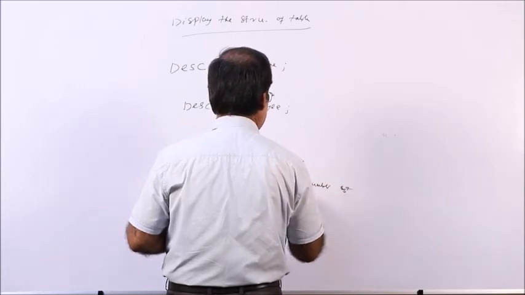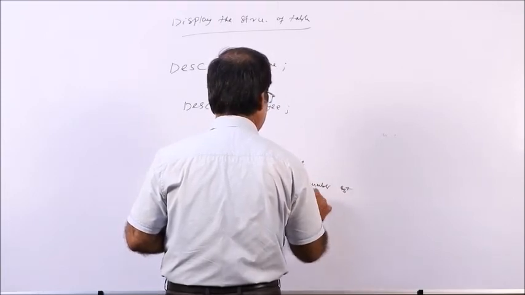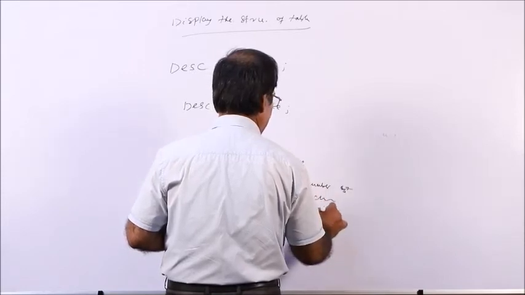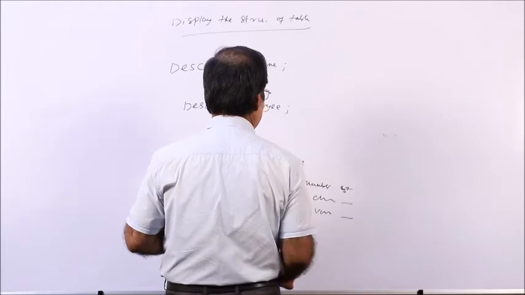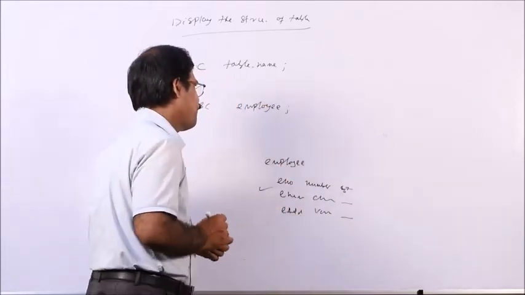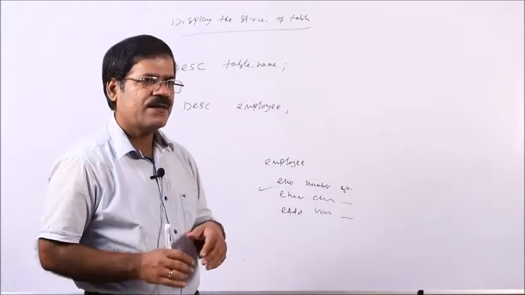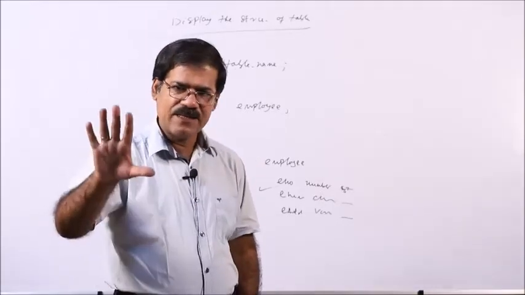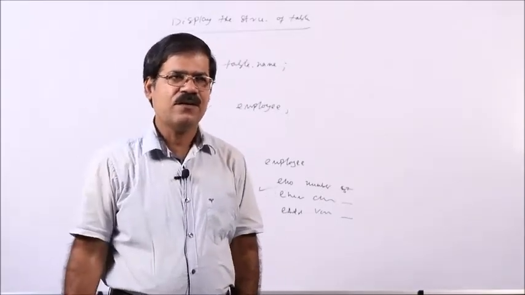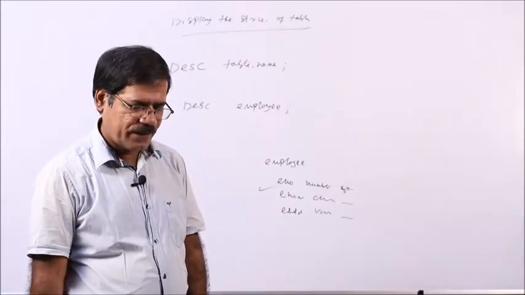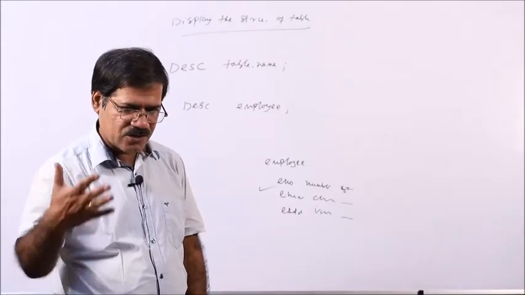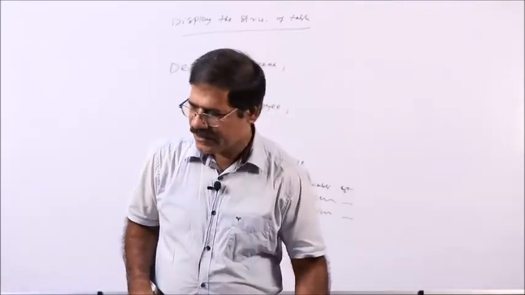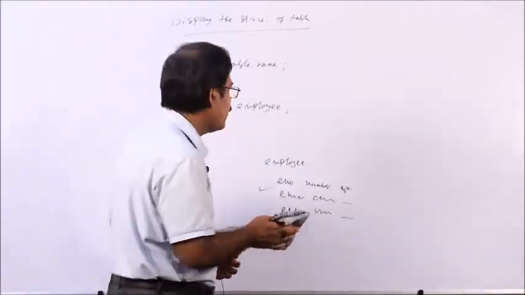Similarly, employee name is of character type, employee address is of character type, and what is the size, that will show you on the computer screen. That means, when you create the table, it is not visible to you, internally the structure is maintained in your computer memory. When you write DESC, the structure will be displayed on your computer screen. That is about DESC.